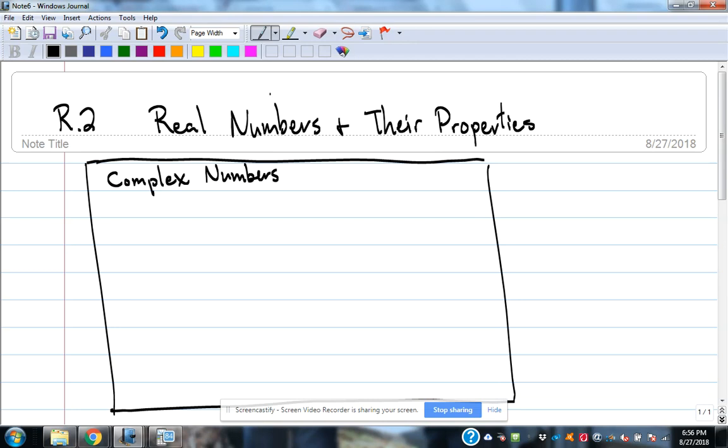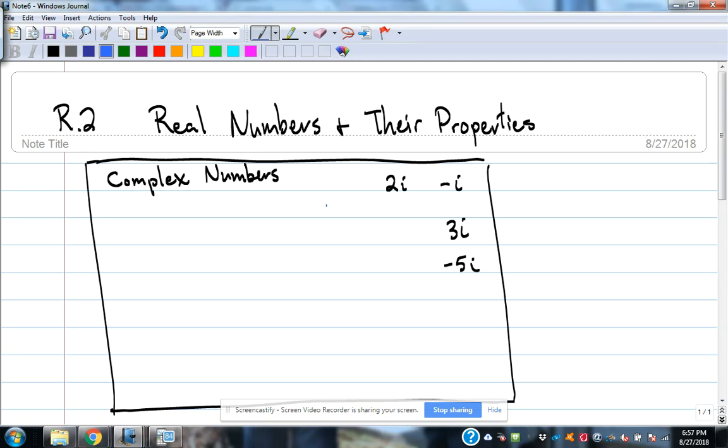Examples of complex numbers are things like 2i, negative i, 3i, negative 5i, things like that. The i comes from the square root of negative 1, if you don't remember that from some sort of algebra class you've had in the past.